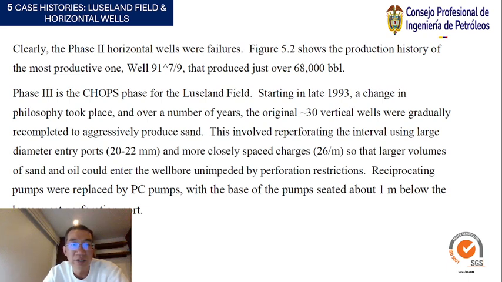Phase 3 is the CHOPS phase for the Luseland field, starting in late 1993. A change in philosophy took place, and over a number of years, the original 30 vertical wells were gradually recompleted to aggressively produce the sand.